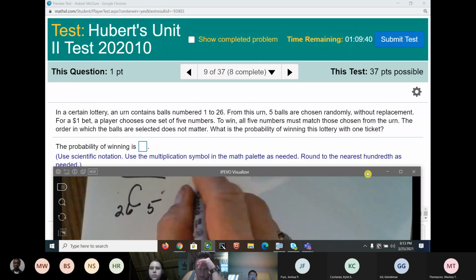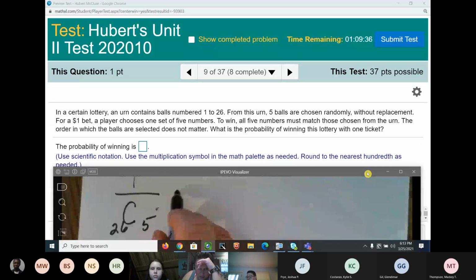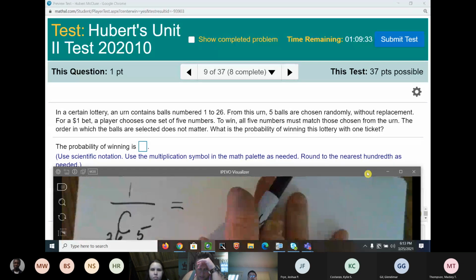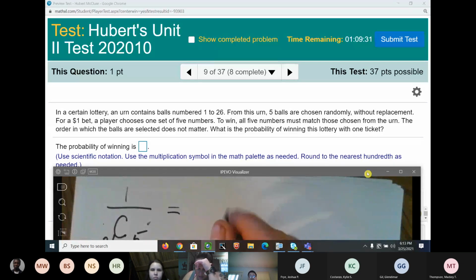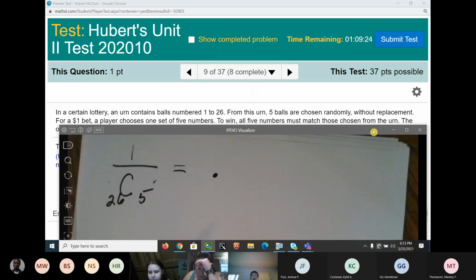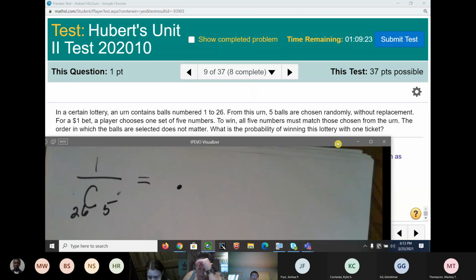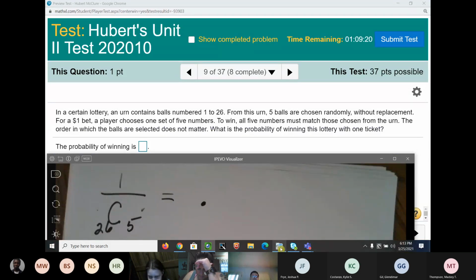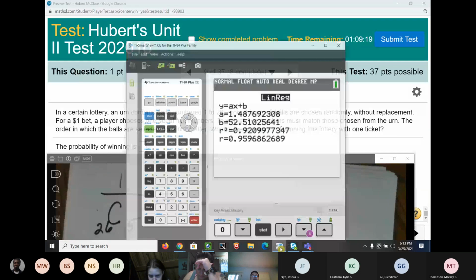So somebody give me the scientific notation in the calculator to round to the 100th, the second decimal point. Hang on. I'll do it.